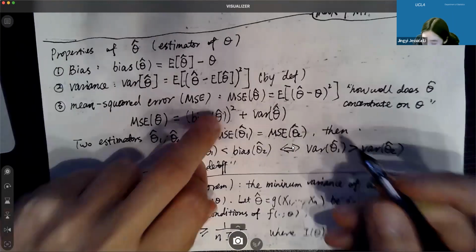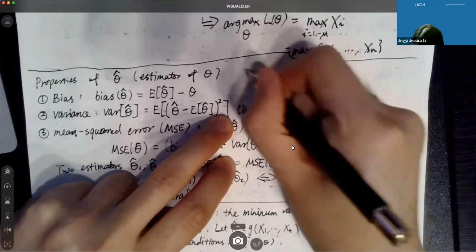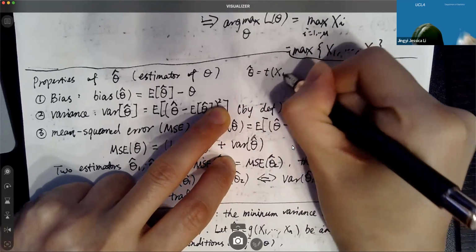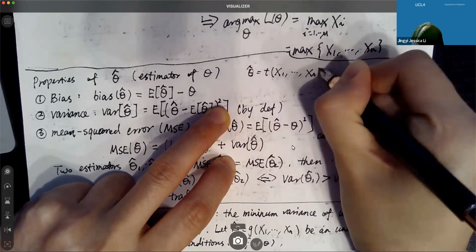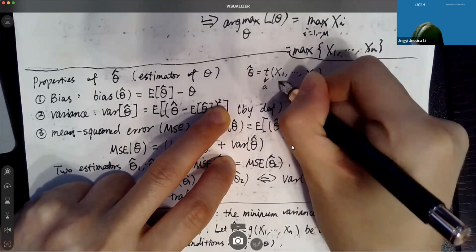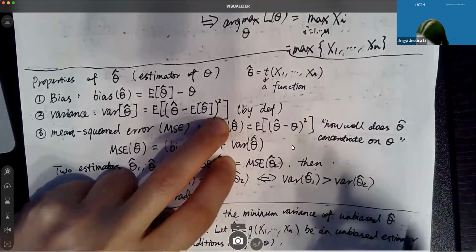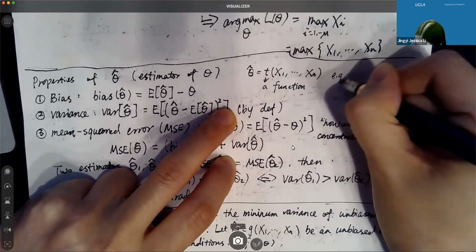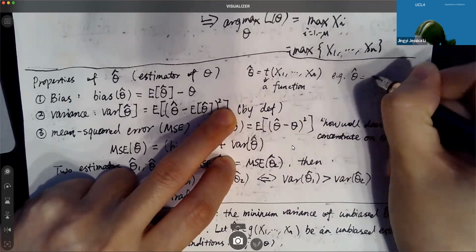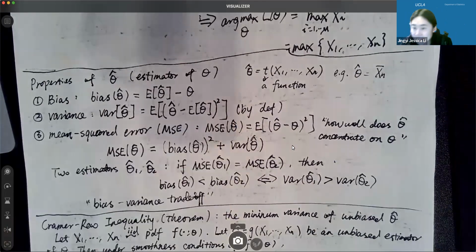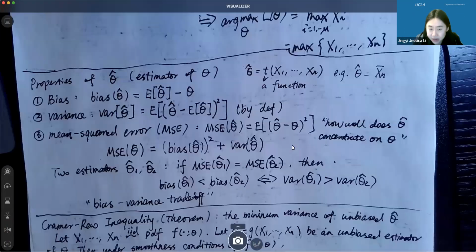So I'll just say this t is a function. For example, the simplest case is that theta hat is just what we defined as xn bar, right? That's a function that adds up x1 to xn and divides the sum by n.